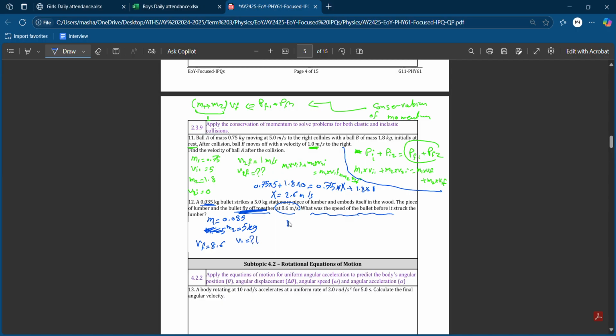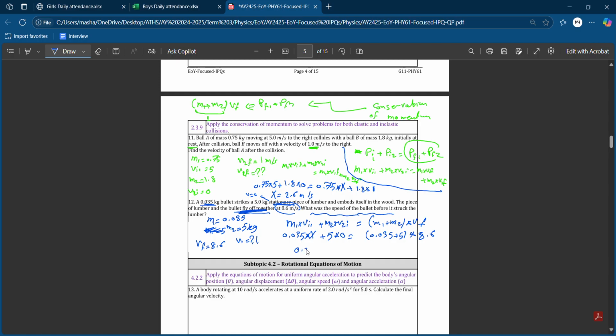So mass 1 times V1 initial plus mass 2 times V2 initial equals mass 1 plus mass 2 times V final. He told me the second object is at rest, stationary, so this is V0. So 0.35 multiplied by x, which I need to find, plus mass times 0 since it's at rest, equals 0.35 plus 5 kilogram multiplied by V final, which is 8.6.